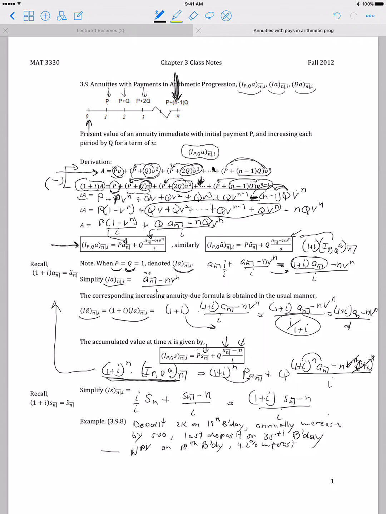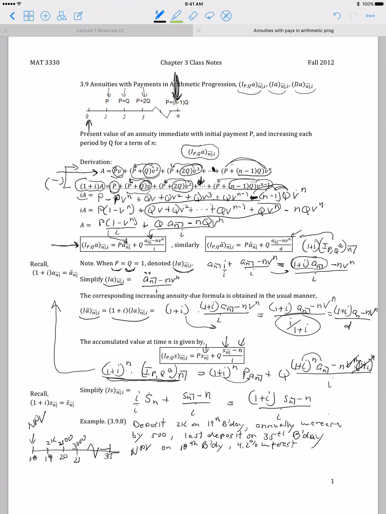Okay, so if you draw a timeline to look at these, 18th birthday, that's where I want the net present value. The 19th birthday is my first deposit. 20th birthday, I have a deposit of $2,500. 21st birthday, $3,000. I continue to do that on my 35th birthday.